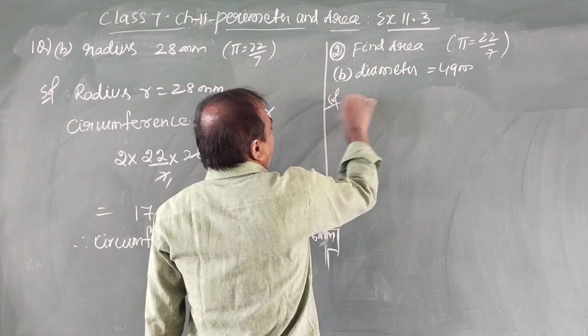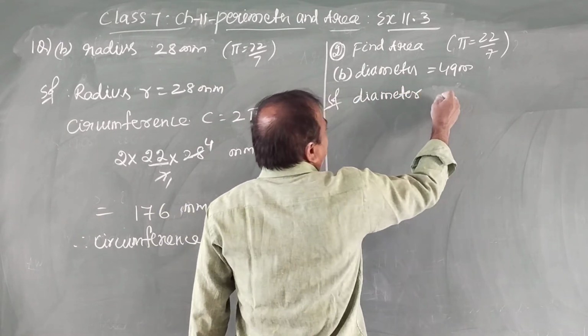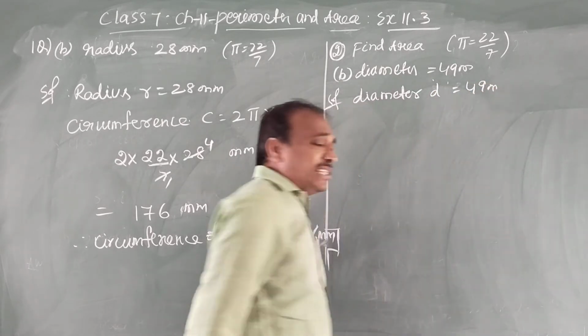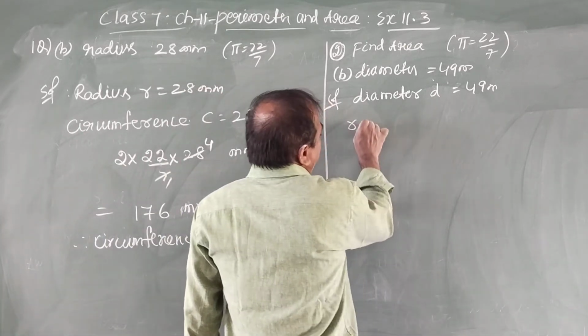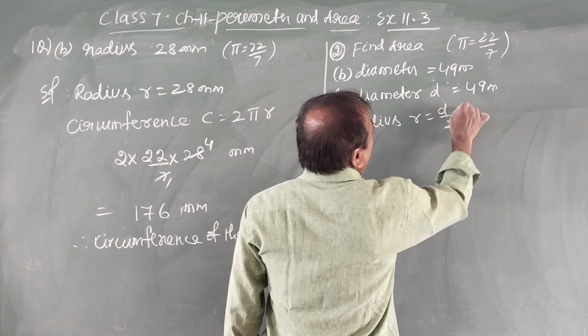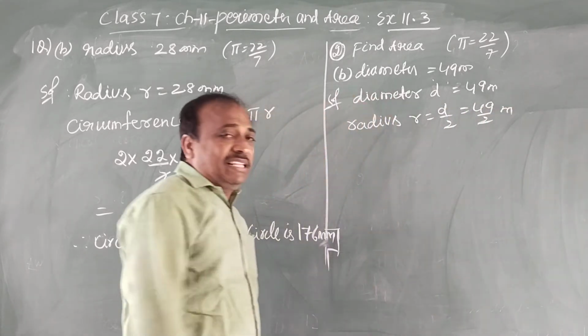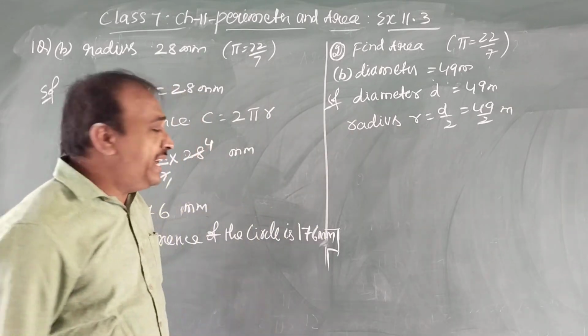So diameter D is equal to 49 meters. To find the area of the circle we require the radius. How do we find the radius? Radius is half of the diameter. Radius r is equal to D by 2, which is 49 by 2 meters. Let it be like that; we can simplify it during the calculation.